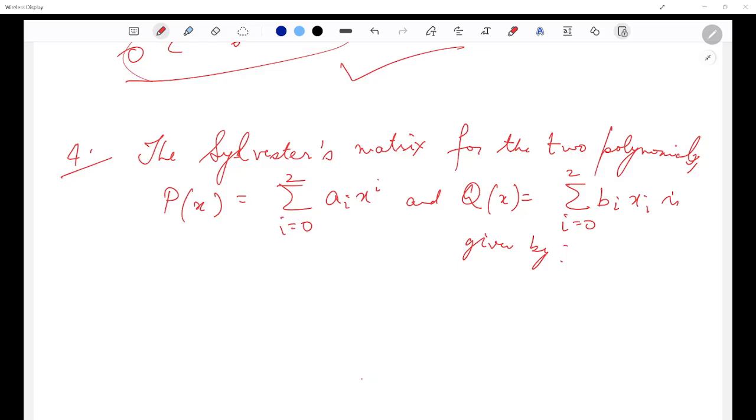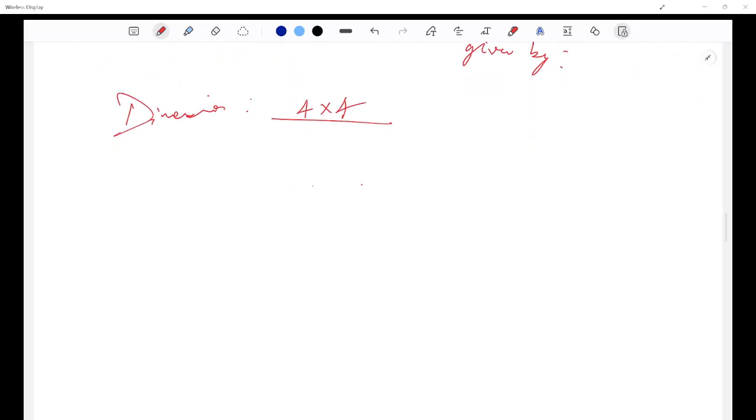Can anyone tell me what should be the dimension of the Sylvester matrix that we are trying to obtain? Should be 4. Yeah, 4 cross 4. So how do we do it? Since i goes from 0 to 2, let's expand P(x) and Q(x).